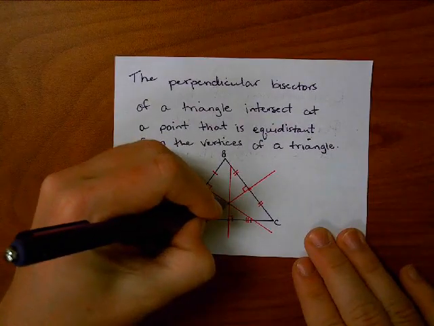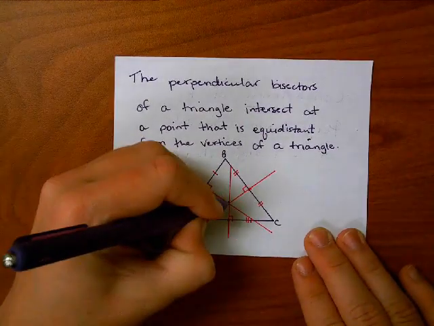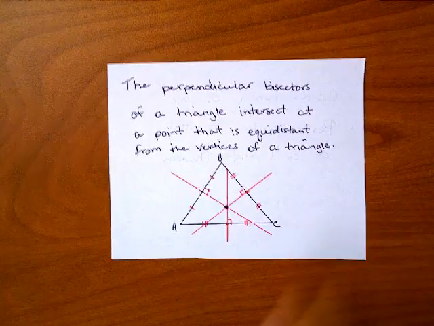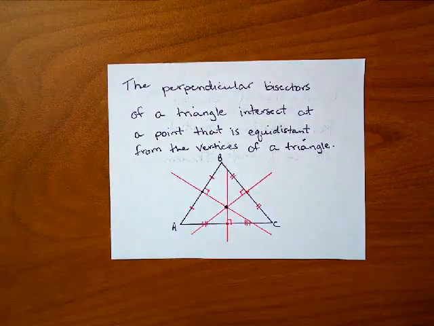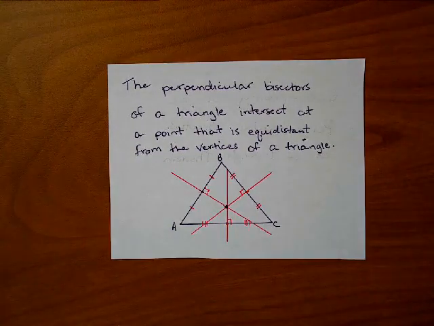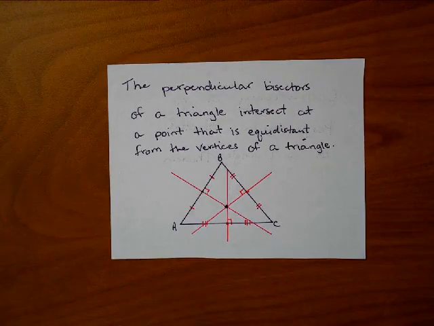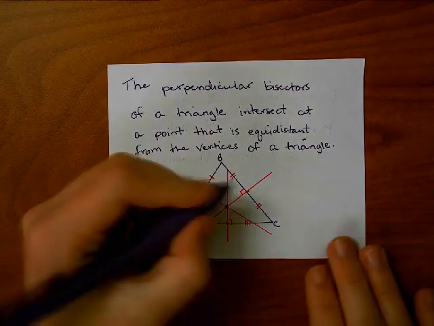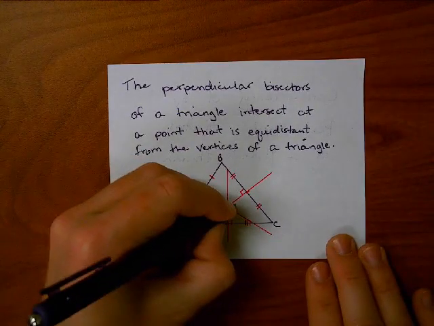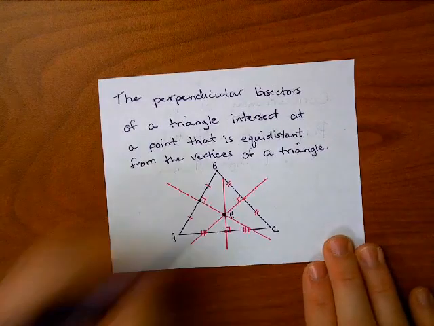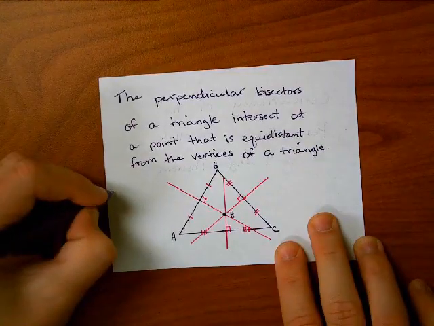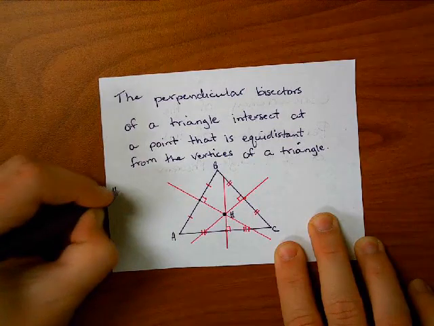So if you do a pretty good job making right angles and drawing through the midpoints, then they should at least get close to the same intersection. And if we did it more accurately, they would intersect at a definite point. Okay, but that point, we'll call it H. Okay, H is what we call a circumcenter.